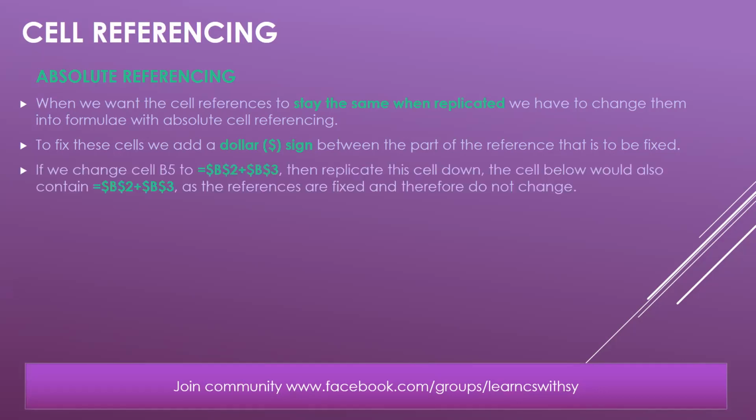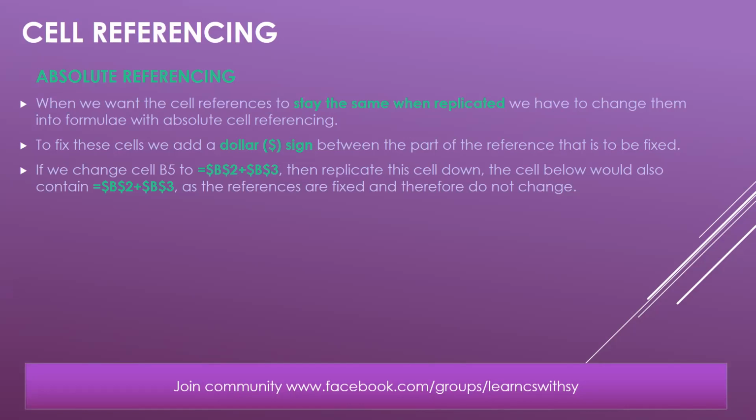Now you can see, if you have put the $ sign with the cell reference like B2 or B3 or whichever, then if you're replicating it down, it will not be changing at all. It will remain the same as it was earlier. In other words, you're fixing the reference. It is not going to be the same anymore.